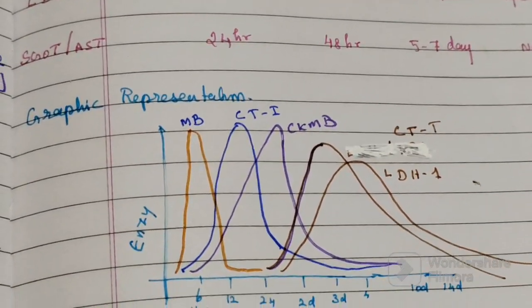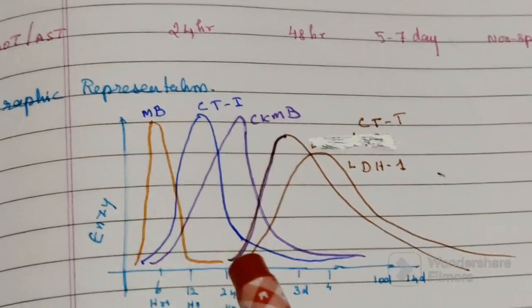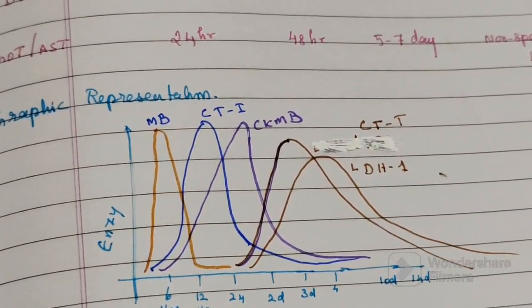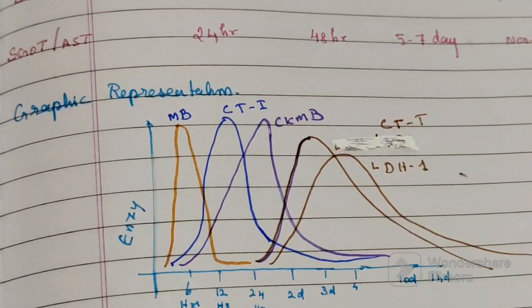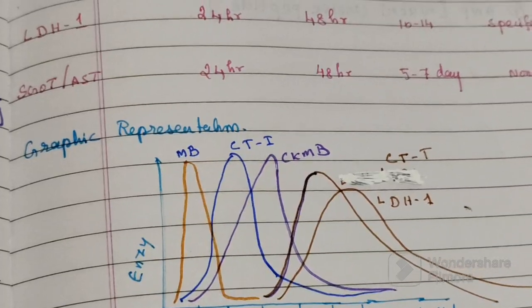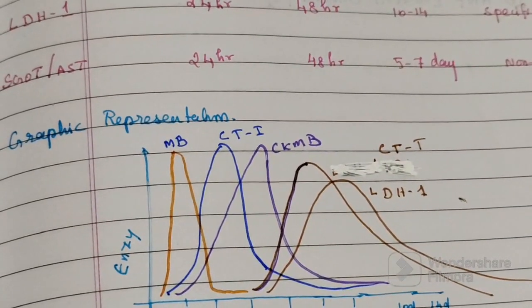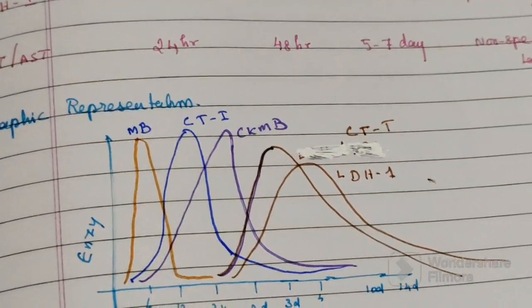We'll see the graphic representation of the markers. This is the time duration: 6 hours, 12 hours, 24 hours, 2 days, 3 days, up to 14 days. This is the enzyme concentration. The earliest non-specific marker is myoglobin.